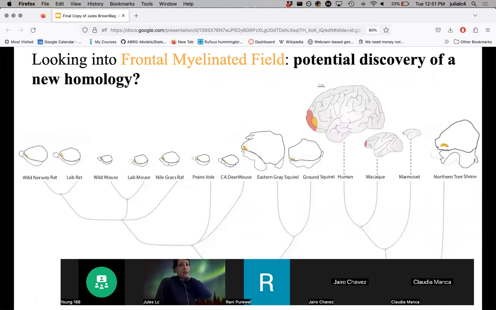This is interesting because in humans, this frontal myelinated region is the orbital frontal cortex, and it's believed to be useful in decision making. So decision making processes seem to happen there. Then we can look back at all these other species and ask, what's the evolution of decision making? How are all these other species doing decision making? So when we see a homology, like if the frontal myelinated field is a homology, we can make inferences about the function of that area.